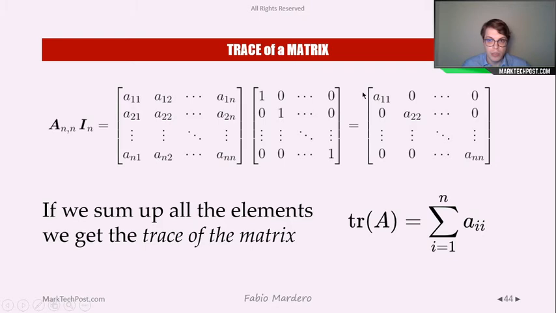The multiplication keeps unequal to 0 only the diagonal terms. If we sum all the terms in the diagonal, we get the trace of a matrix. Here, as you can see, the two indexes are the same.